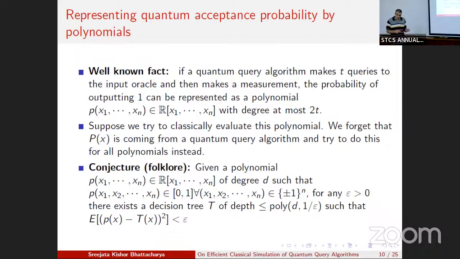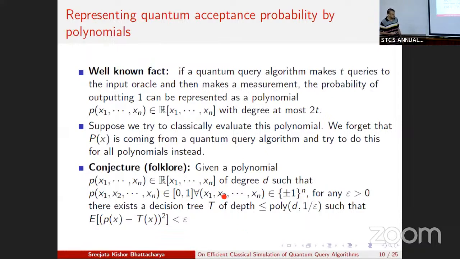The idea is that now we forget the fact that this polynomial arises from a quantum query algorithm, and work with general polynomials instead. The only restriction is that for every point in plus minus 1 to the n, the output of the polynomial lies in the interval [0, 1]. So the conjecture is the following. Suppose I have any low degree polynomial p of degree d, such that at every point in plus minus 1 to the n, its output lies in the range [0, 1].